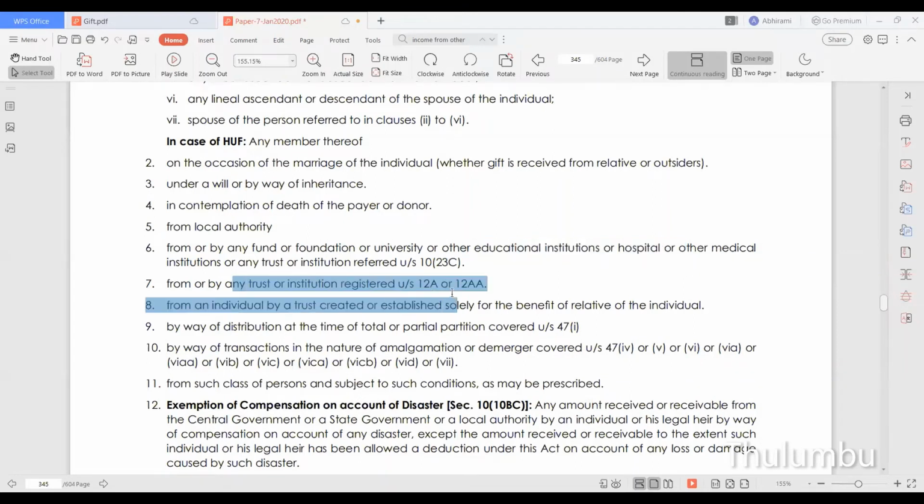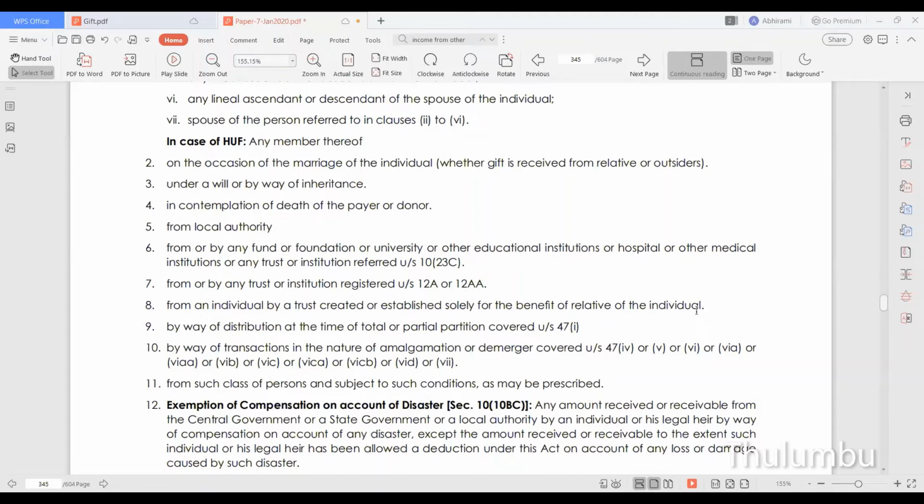Any registered trust. இது வந்து say உதவும் கரங்கள் மாதிரி ஏதாவது ட்ரஸ்ட் அவங்க gift receive பண்ணாங்கன்னா அவங்களுக்கு exempted. So from an individual by a trust created solely for the benefit of relative of an individual. Say it is called private trust.